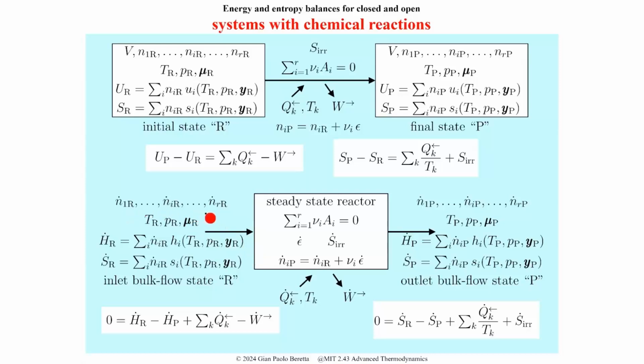The property for bulk flow interactions that enters in the energy balance, as you remember, is the enthalpy. And so we need the rate of enthalpy brought in by this inlet bulk flow interaction, which has to do with the partial enthalpies of the components in the mixtures for those that are mixed, and that would be the specific enthalpies if they are injected as pure components.